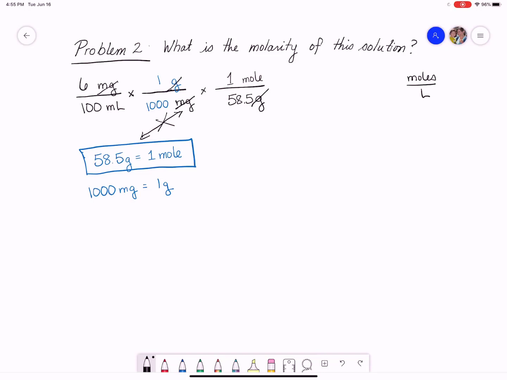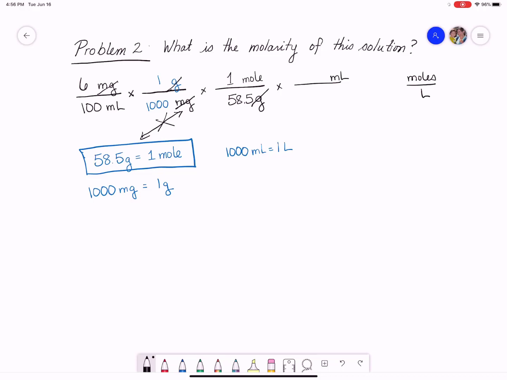Now I am in moles per milliliter. But in order to express molarity, I need to be in moles per liter. So once again, I need to get out of milliliters and get into liters. Remember, there are 1,000 milliliters in 1 liter. So another multiplication sign, a line, and this time to cancel out the milliliters on the bottom, I need to put the milliliters on the top.